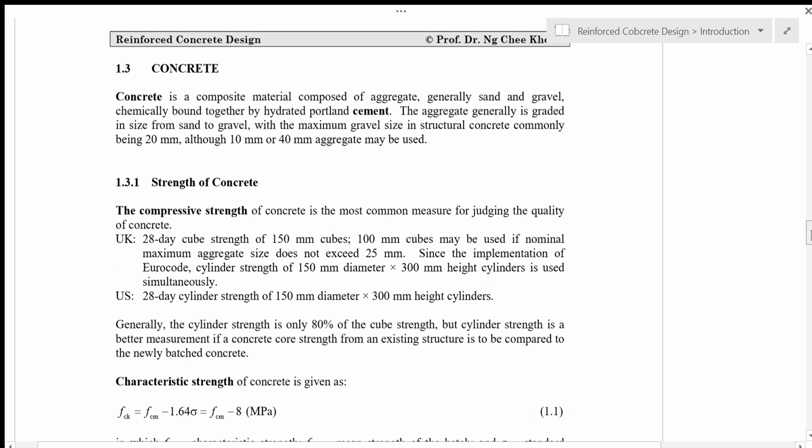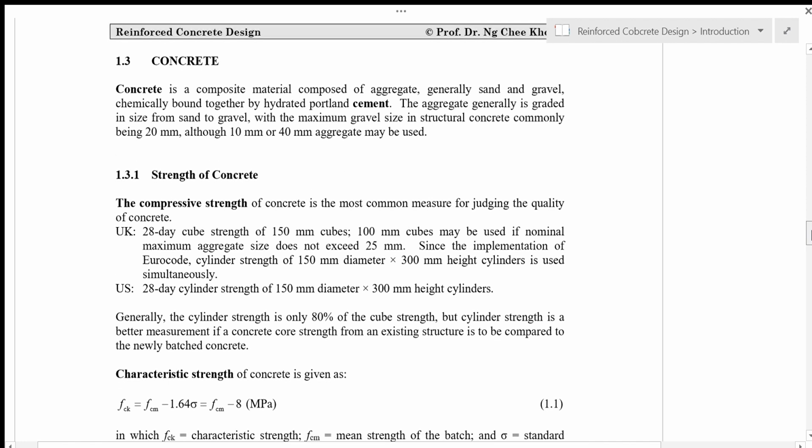So in reinforced concrete design, the main materials are concrete and reinforcing steel. Concrete is a composite material composed of aggregate, generally sand and gravel, chemically bonded together by hydrated Portland cement.